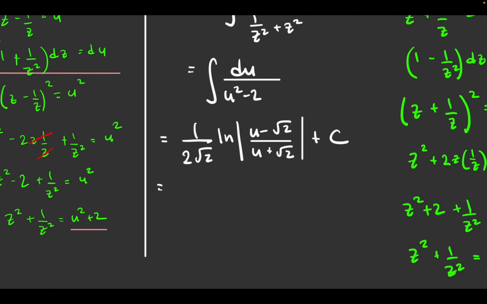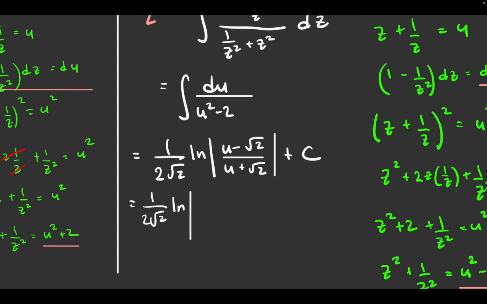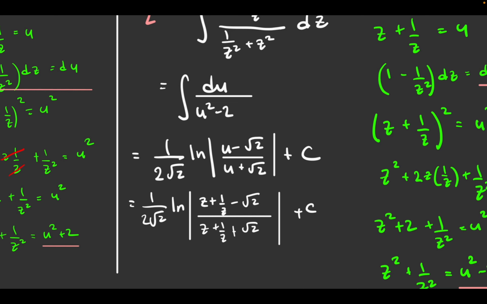And we know that 1 over 2 square root of 2, ang u natin is z plus 1 over z. Minus the square root of 2 over z plus 1 over z plus square root of 2. Okay?